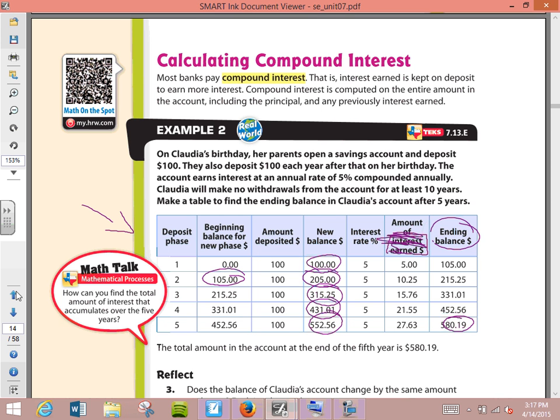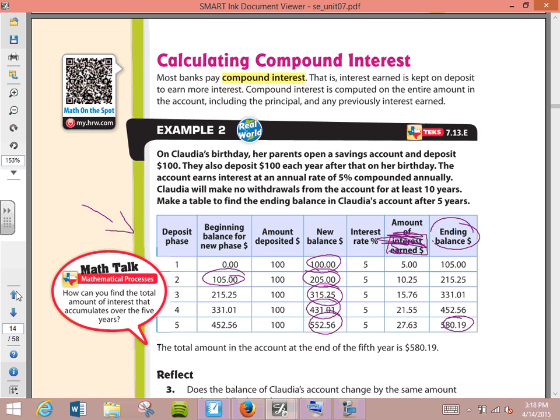Wrong. How much interest have you earned? Total interest have you earned? Interest only. Where are you getting these hundreds from? Wow, this is crazy. But that doesn't mean I ask you for the interest specifically.